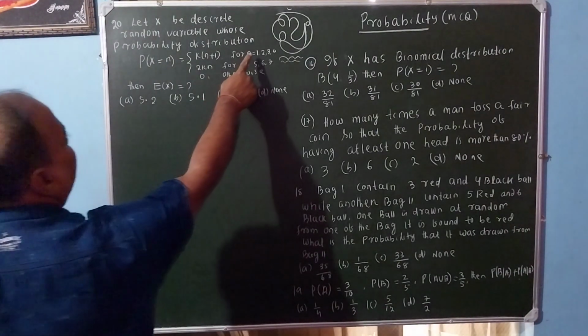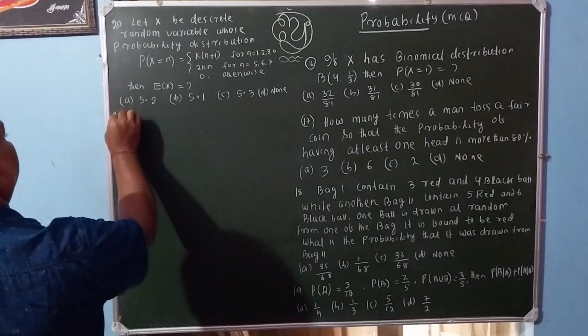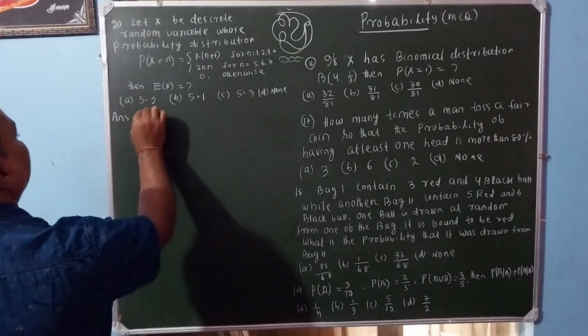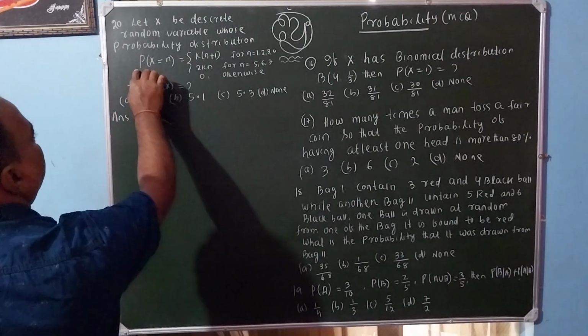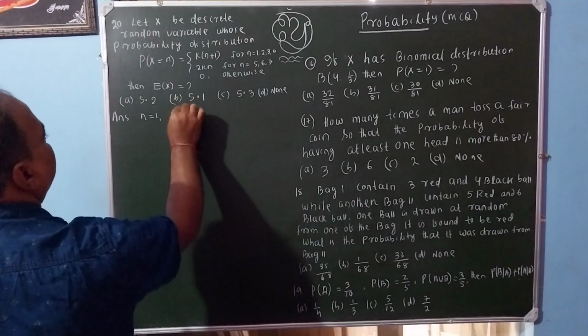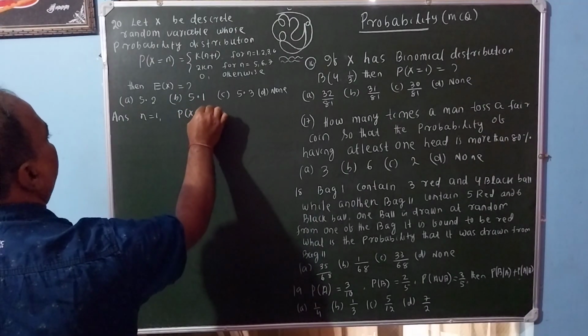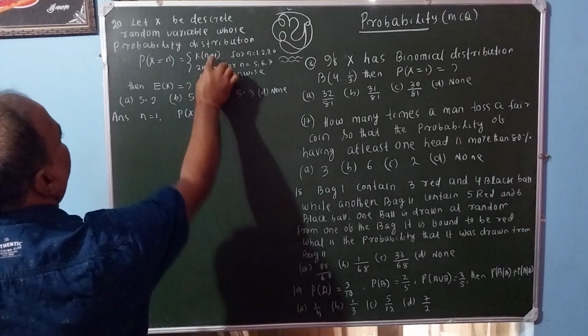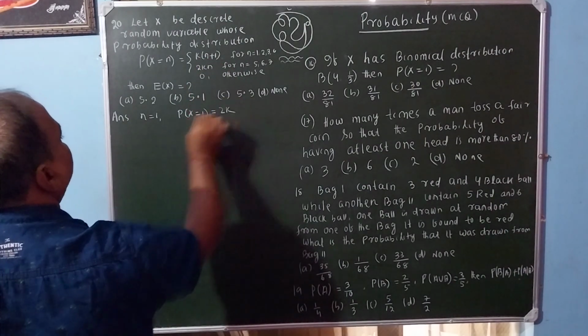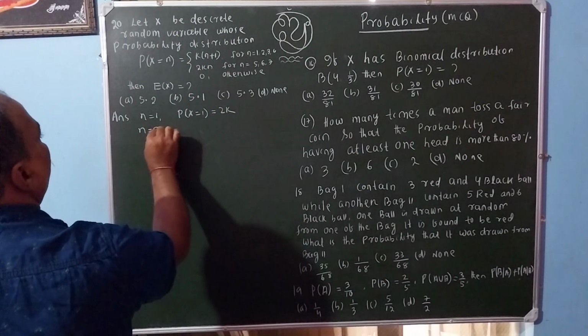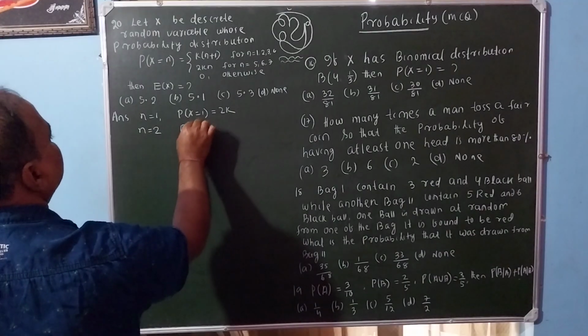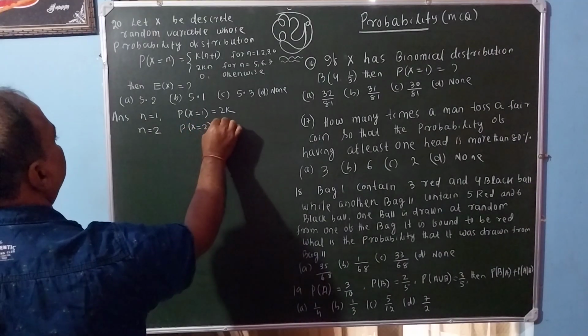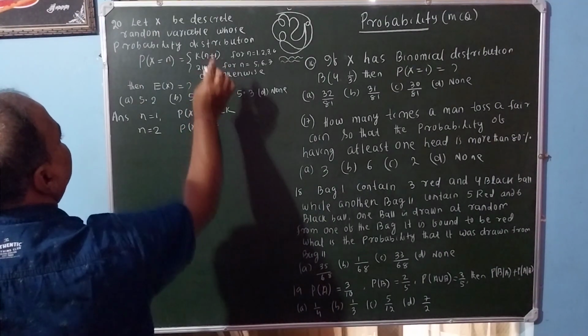Let n equal 1. Probability of X equal to 1: put n equal to 1, 1 plus 1 is 2k. For n equal to 2, probability of X equal to 2 is 2 plus 1, 3k.